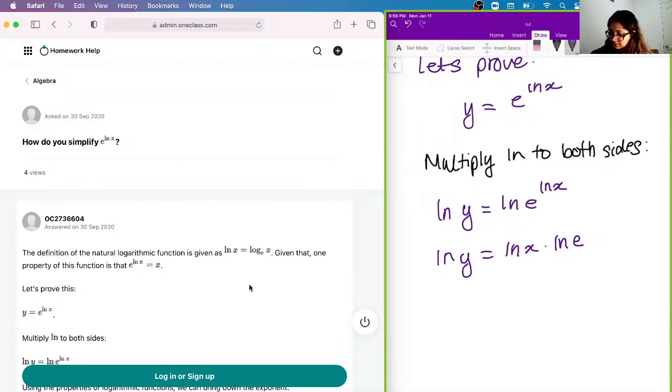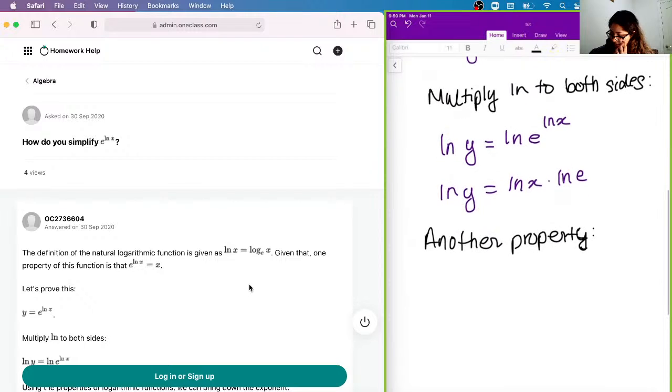And we know another property, that ln of e is equal to 1.